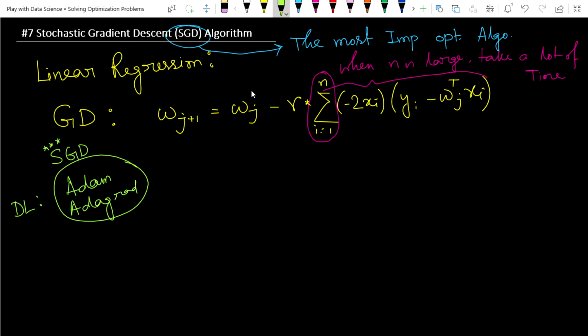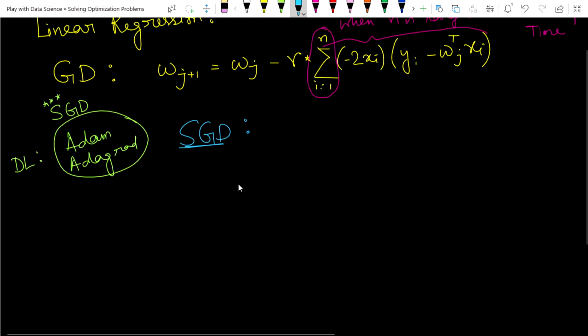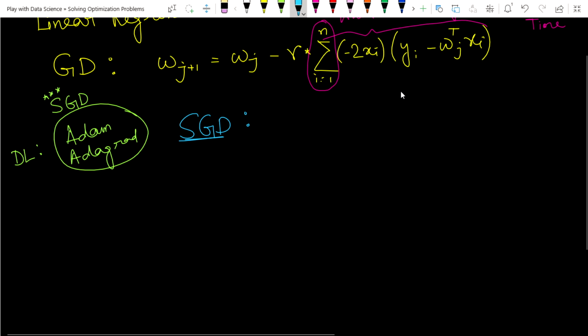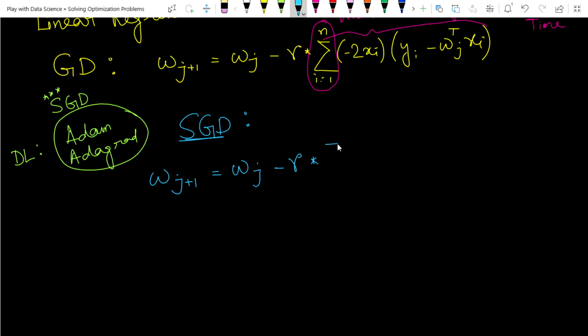Now coming to the main algorithm, SGD, or stochastic gradient descent. This is nothing but an extension of the gradient descent technique. First write down what it says: w_j minus the learning rate times the summation from i equals 1 to n of y_i minus w_j transpose x_i.